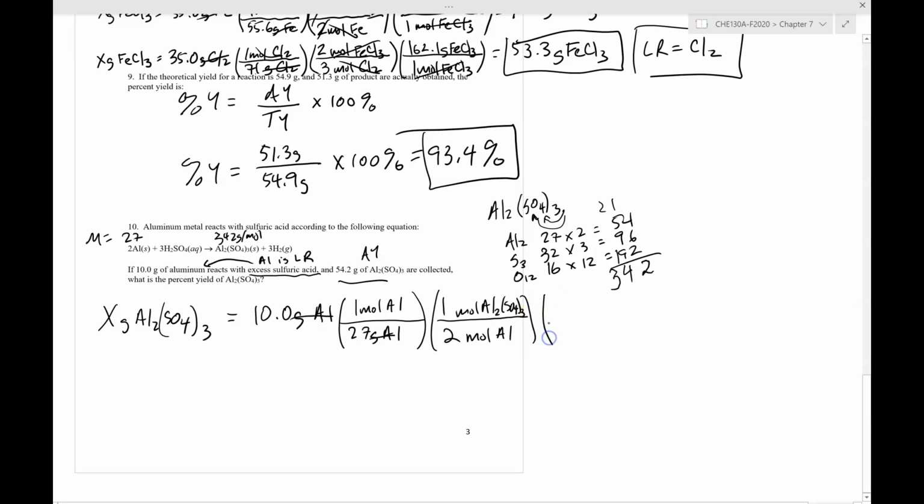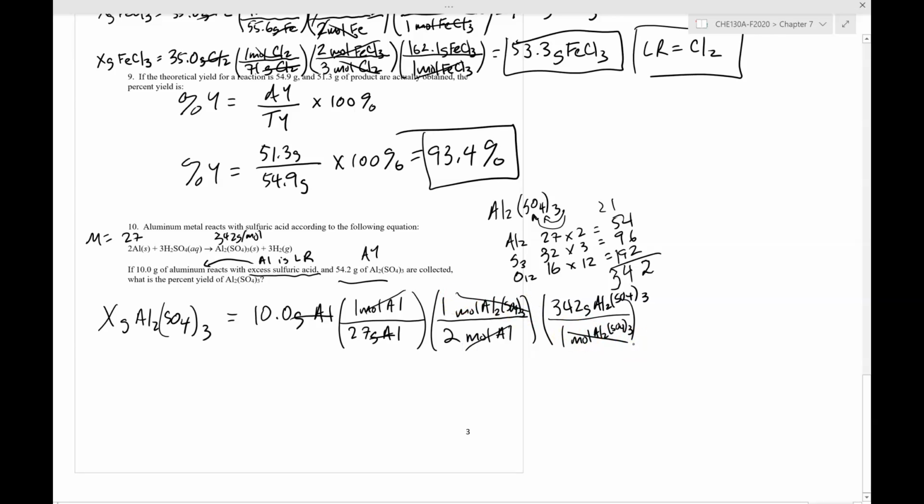And then we're going to use that big number we just figured out, that 1 mole of our aluminum sulfate is 342 grams of that aluminum sulfate. Okay, and so grams of aluminum cancels out, moles of aluminum cancels out, moles of aluminum sulfate cancels out. We'll have grams of aluminum sulfate.